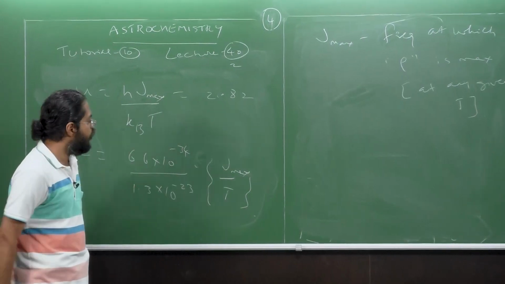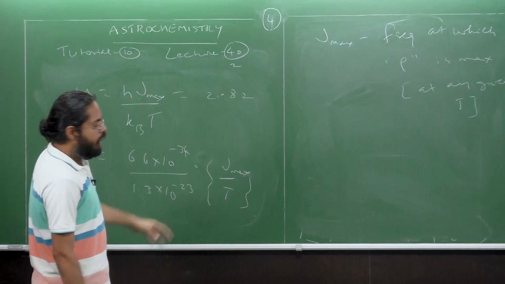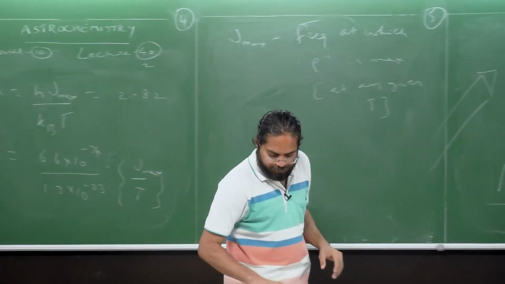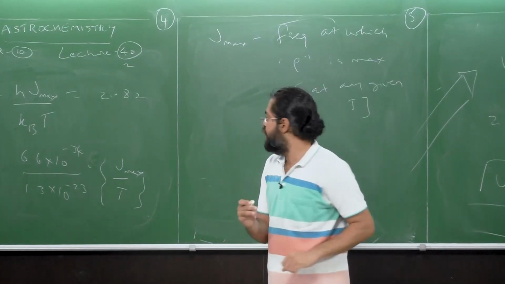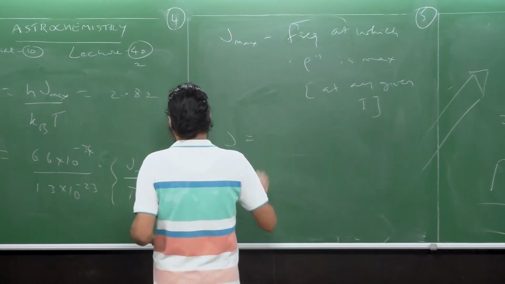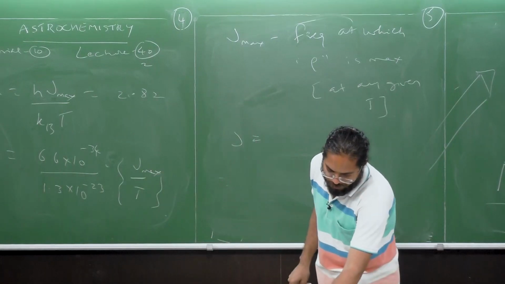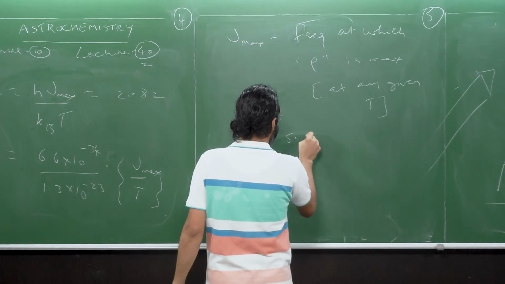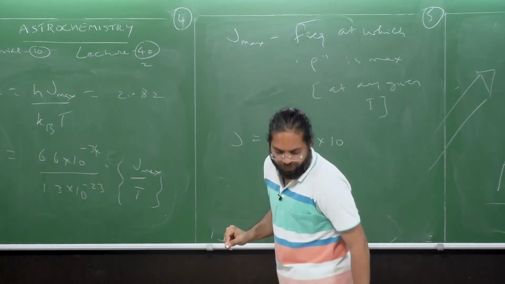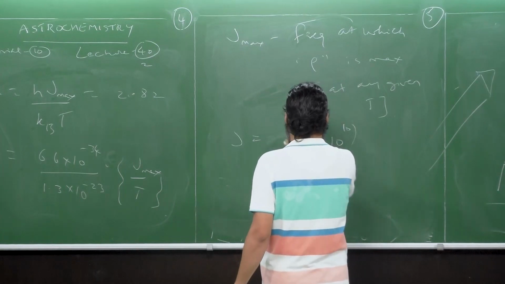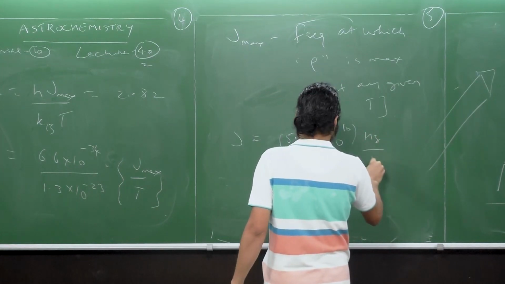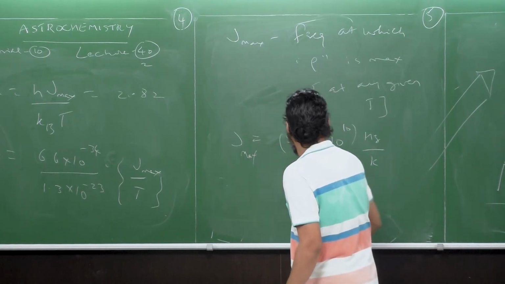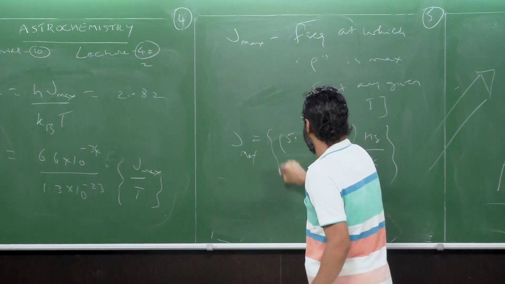All right, now having understood this, by manipulating this expression right here, I get the idea that nu max is going to be 5.8 into 10 to the power 10 hertz per Kelvin times temperature.